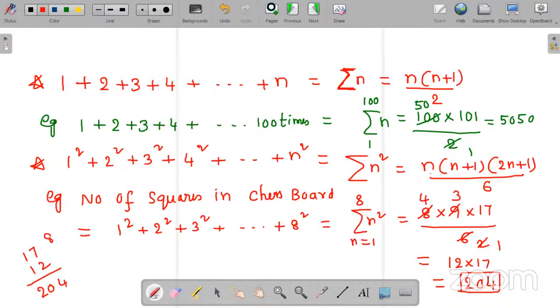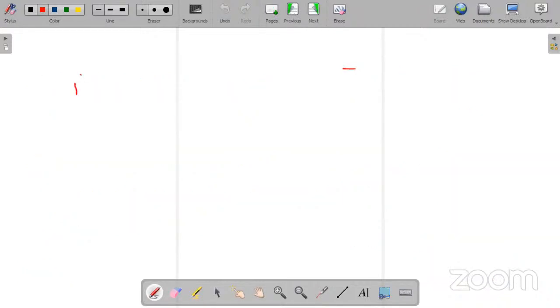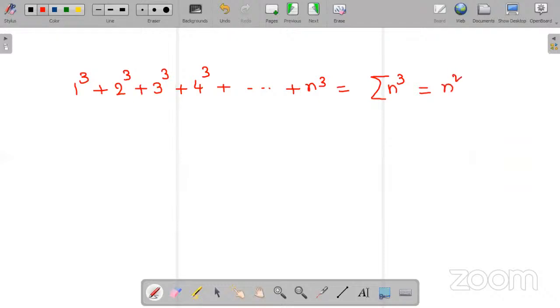Right, one more point we shall discuss, that is 1 cube plus 2 cube plus 3 cube plus 4 cube and so on plus n cube. This means the sum of the cubes of the first n natural numbers is sigma n cube. Sigma n cube means n square into n plus 1 whole square by 4. This can be rewritten as n times n plus 1 by 2, whole square.